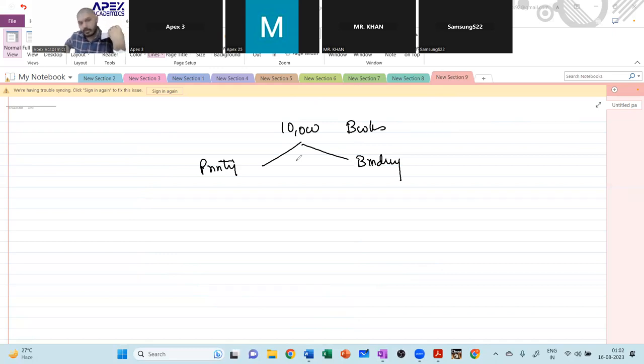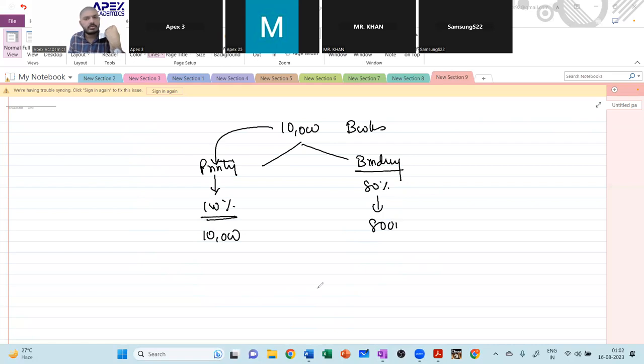A whole book. Printing job is 100% ready. Means how many books are printed and ready? 10,000. Binding job is 80% ready. How many books are ready to go out? 8,000.